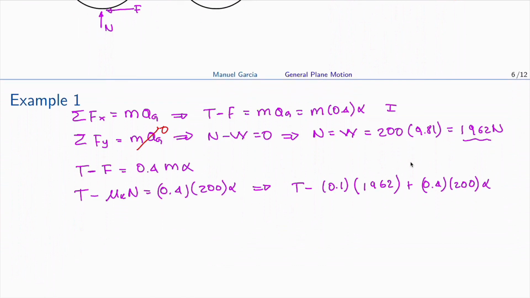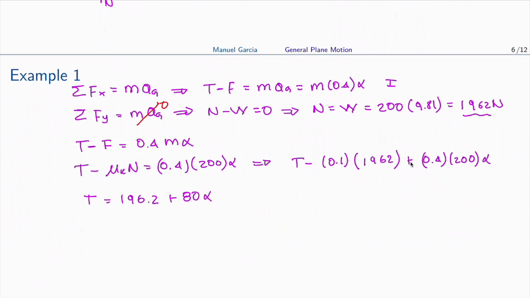After multiplying, we have that T is equal to 196.2 plus 80 alpha. So this is one equation, but the unknowns that we have are alpha and T. So we need a second equation.